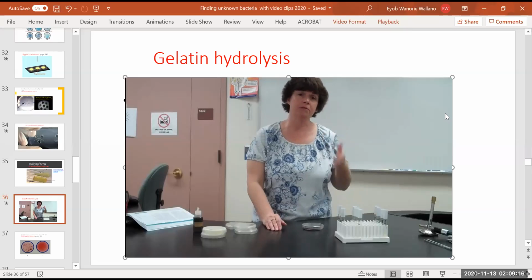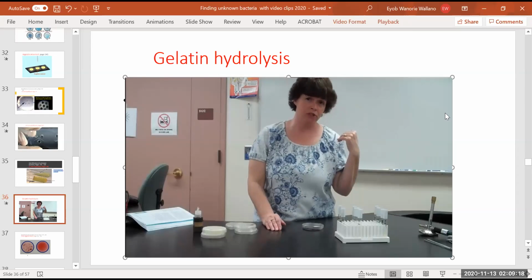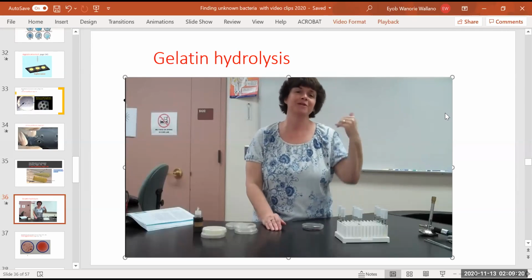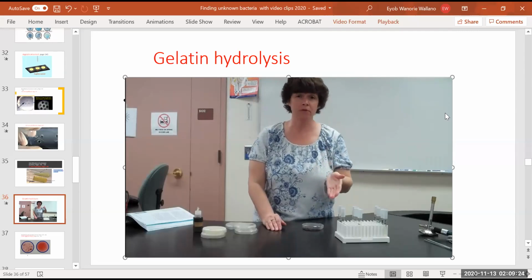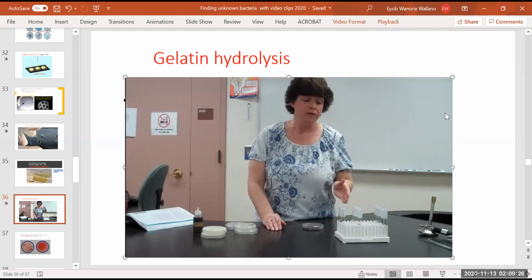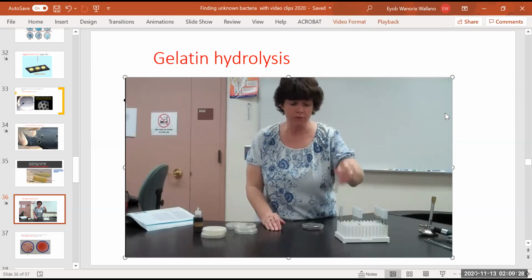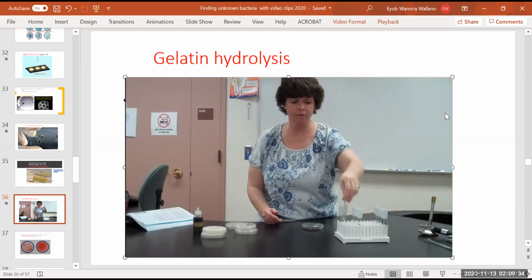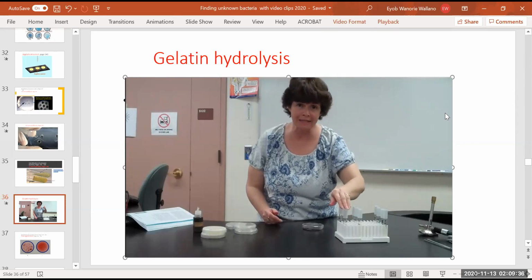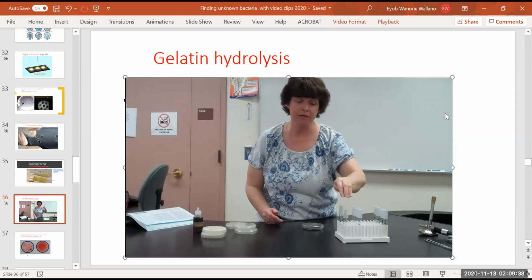So what I'm going to do is take your gelatin out of the incubator and put it in the fridge at the beginning of class so that you'll have a result by the time you go to do it. If the gelatin, once refrigerated, remains a solid, so I'm turning this and there's no liquid coming, that is a negative result because the bacteria did not have the gelatinase to break it down.